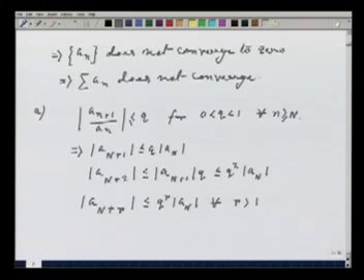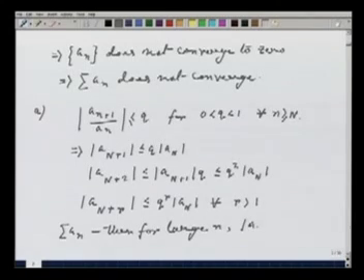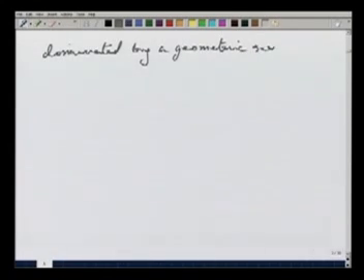What does this mean? That means the infinite series, if I look at summation a_n, then for large n, mod a_n is dominated by a geometric series of the form summation mod a_N times q to the power r.